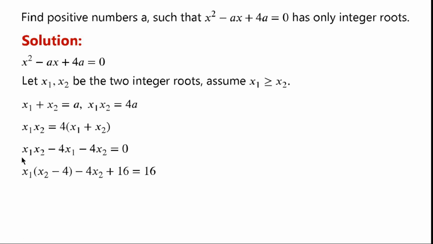The first two terms on the left-hand side of the equation can be factorized, so we can now write x1 times (x2 minus 4).